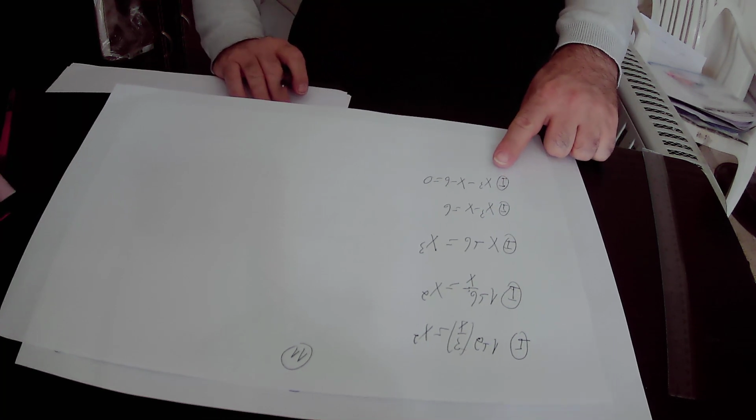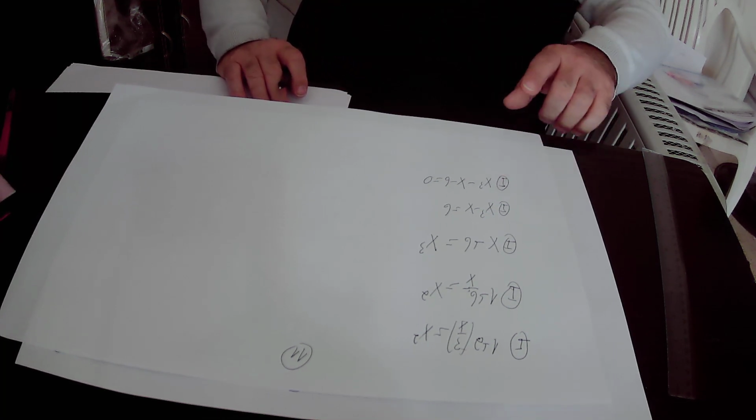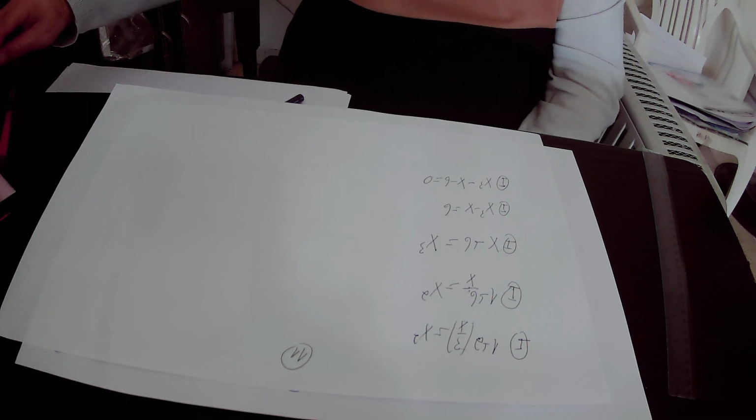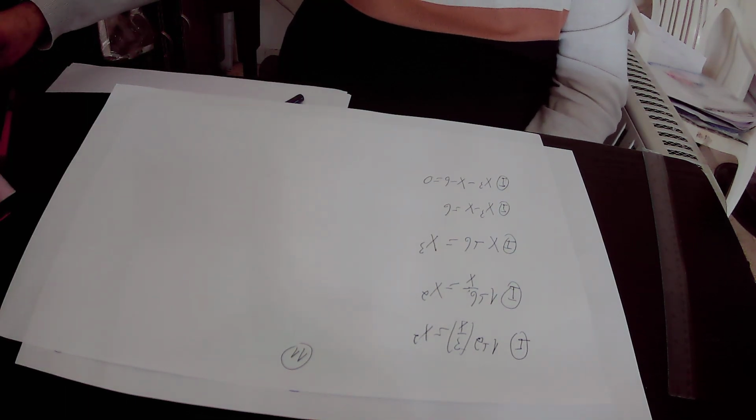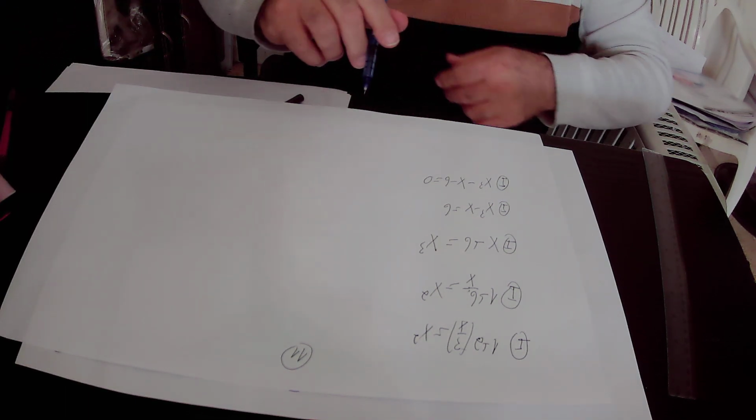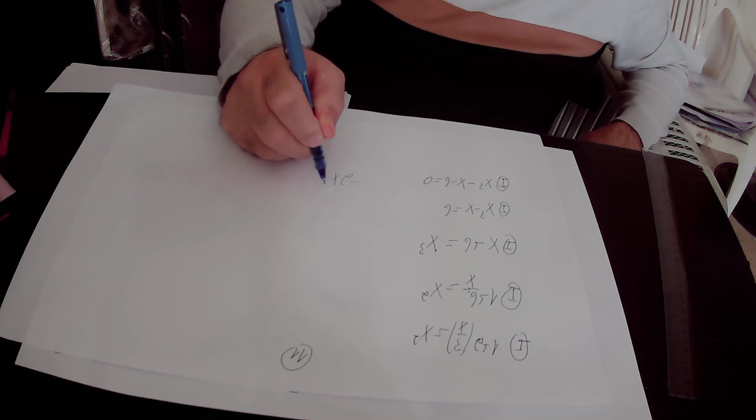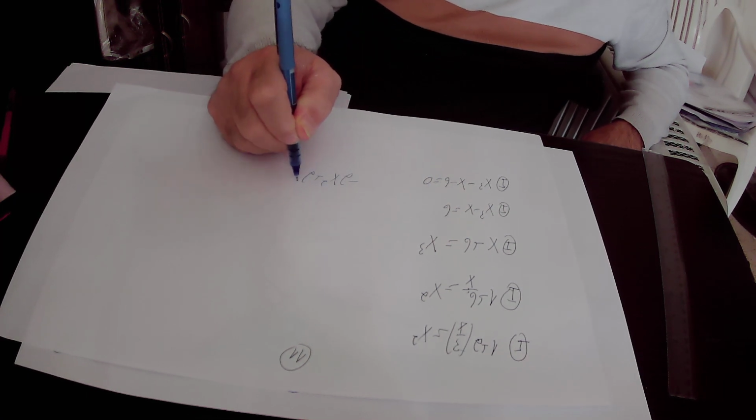So here we will add, actually, as you already know, minus 2x squared plus 2x squared is 0.